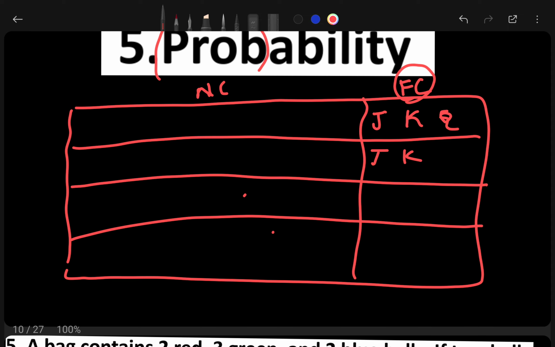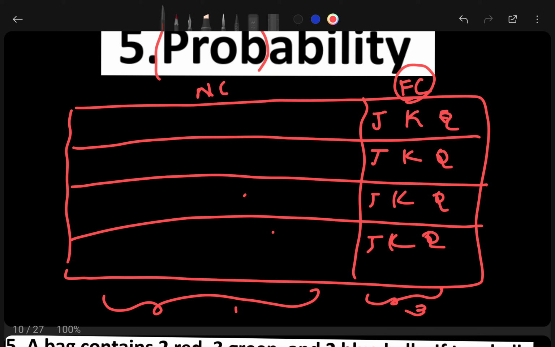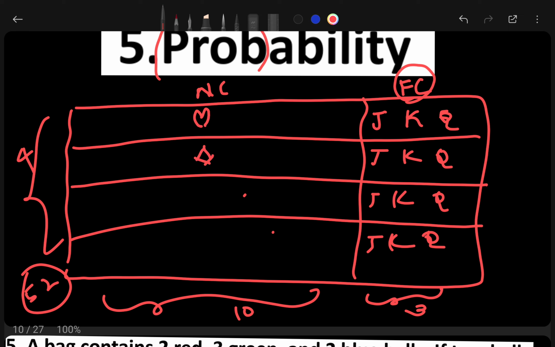Same in all: jack, king, queen, jack, king, queen, jack, king, queen. So here there are three, here there are 10. Here there are four rows, which gives completely 13 cross 4, 52. Each row has a name. First one is heart, second one is a diamond, third one is a club. See, I'm drawing it approximately. I'm not a good artist. And fourth one is a spade. These are the things in cards.